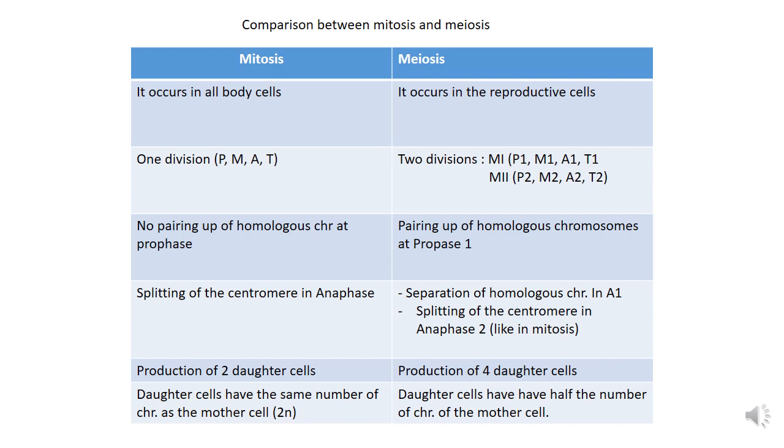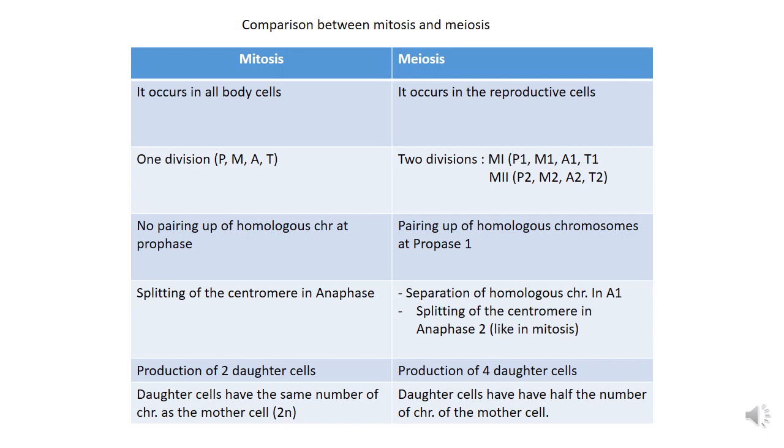Mitosis consists of 1 division: prophase, metaphase, anaphase, telophase, while meiosis consists of 2 divisions, meiosis I: prophase I, metaphase I, anaphase I, telophase I, and meiosis II: prophase II, metaphase II, anaphase II, and telophase II.